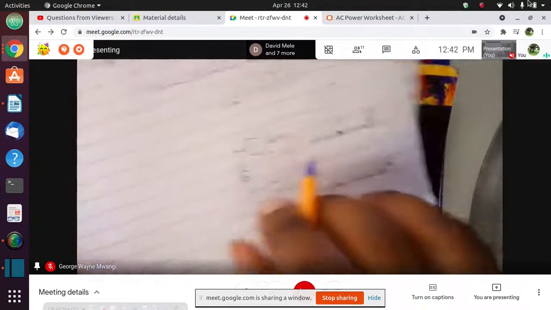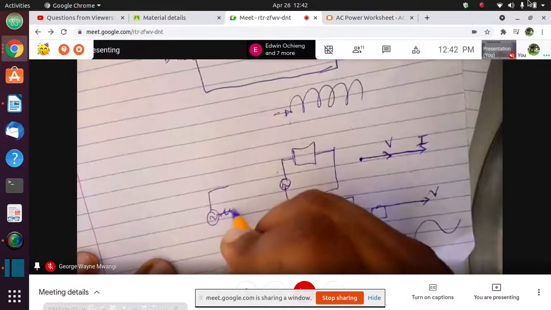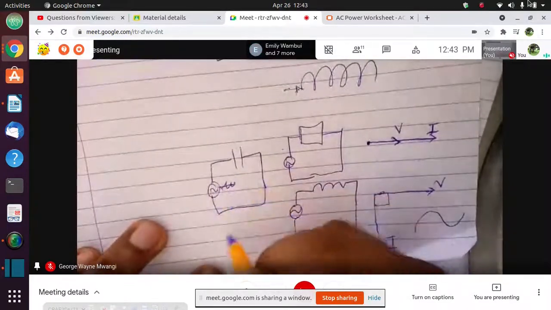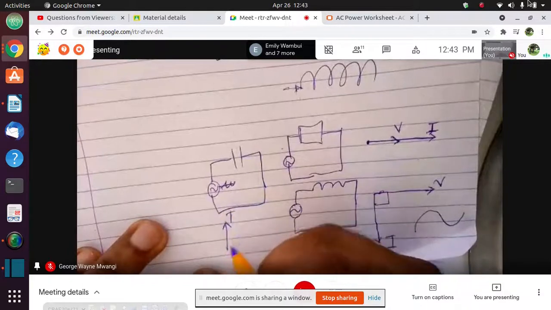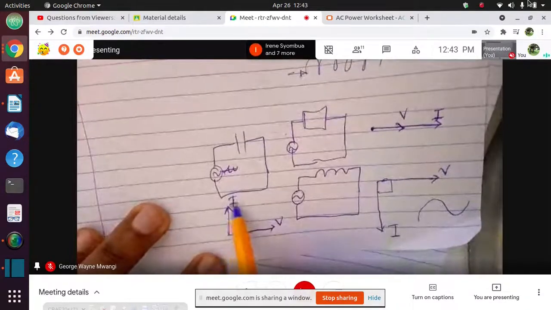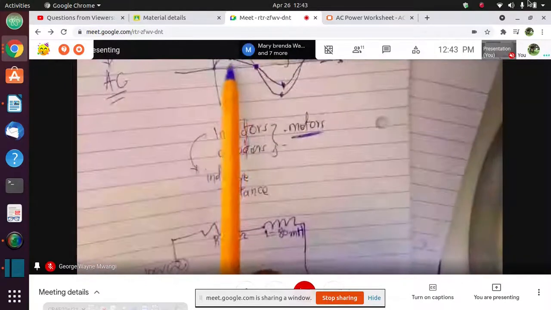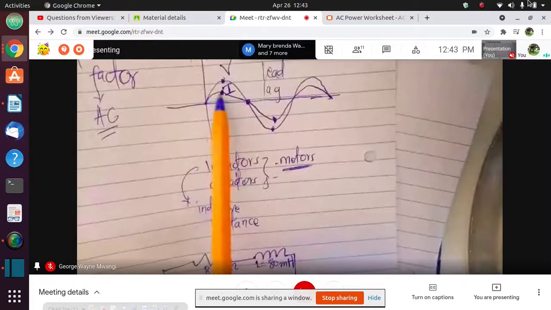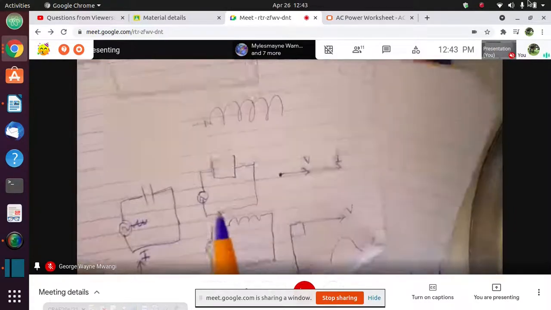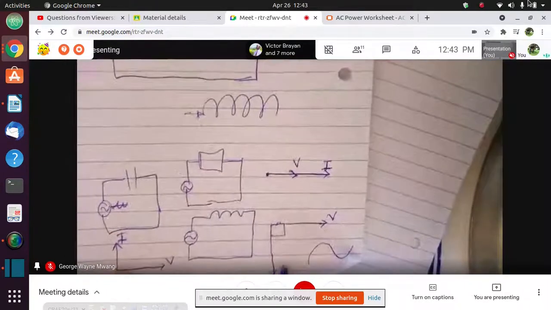And if it is a purely capacitive circuit, then the current is leading the voltage. This means that the current waveform is produced before the voltage for a capacitive circuit, and for an inductive circuit the current will be produced after the voltage.